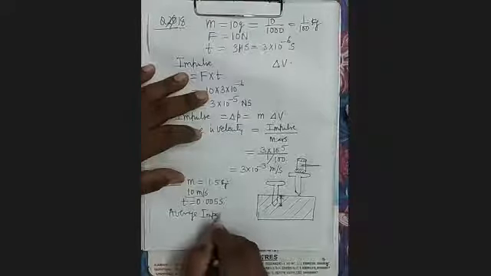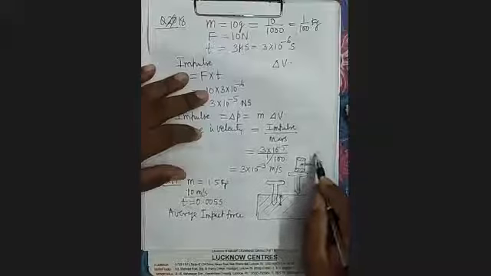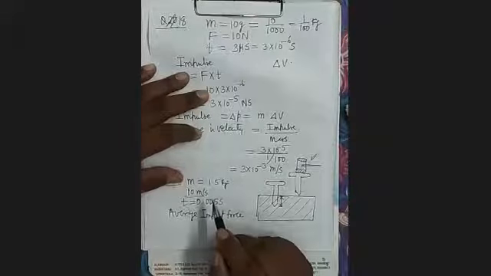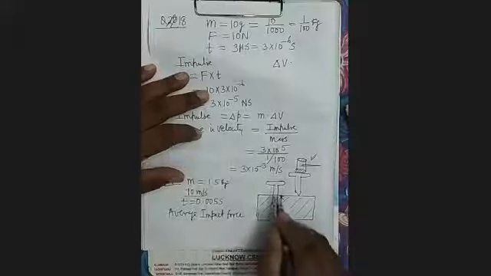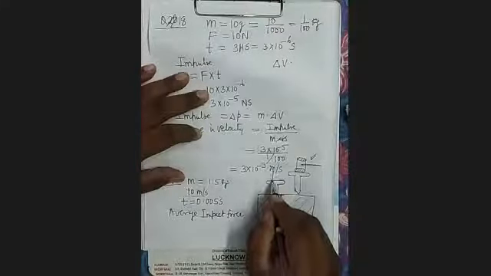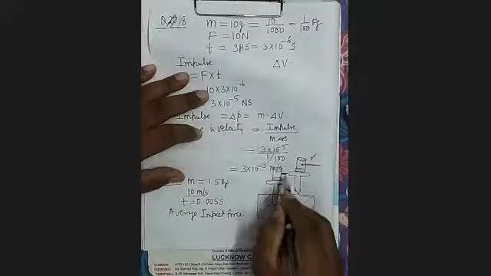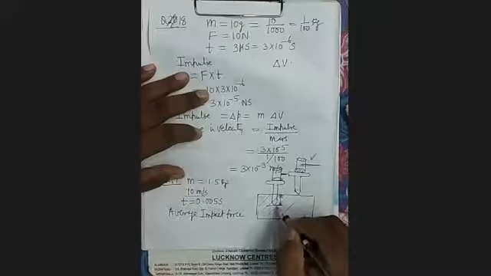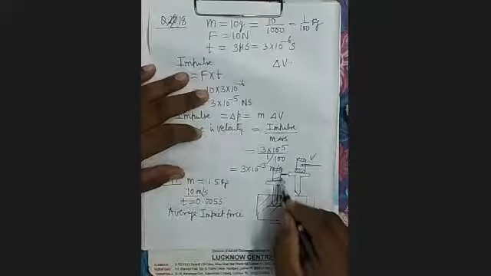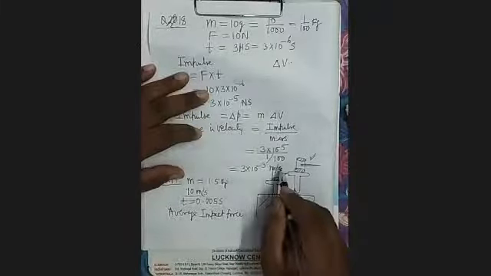So how will you find the average impact force? You can see here, the hammer has an initial velocity of 10 meters per second. When the nail is embedded up to this point, its velocity will become 0, because it is not going further down. Therefore, the velocity of the hammer will become 0.